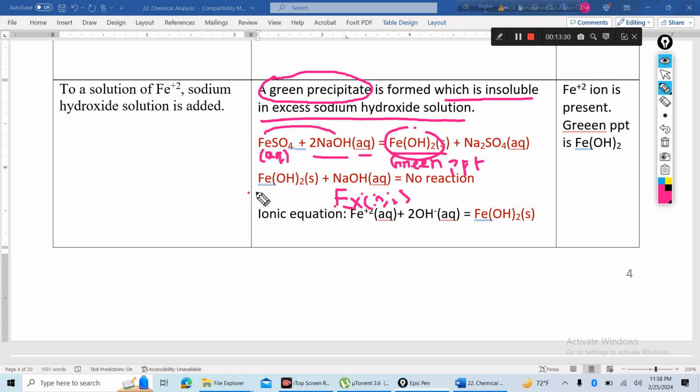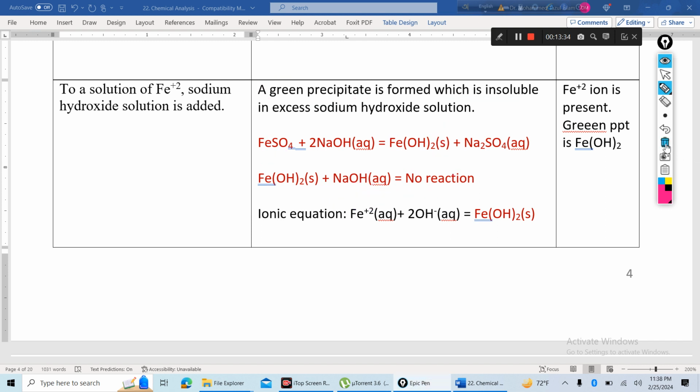That means the precipitate does not dissolve on adding excess sodium hydroxide. Now this is the ionic equation. Iron 2 ion aqueous reacts with hydroxide ion aqueous to produce iron 2 hydroxide solid. This is the ionic form.